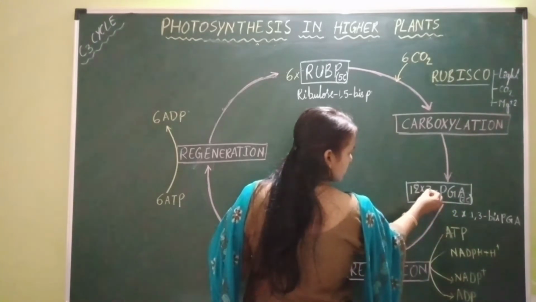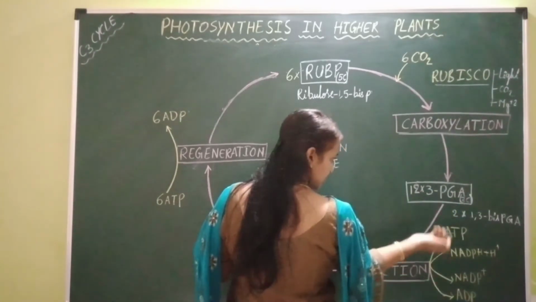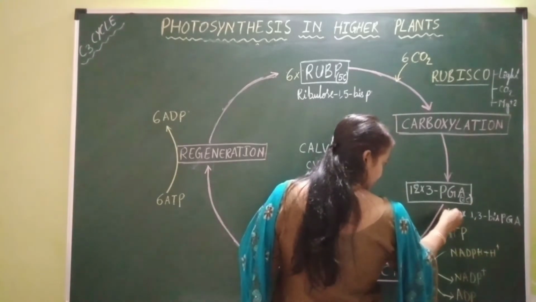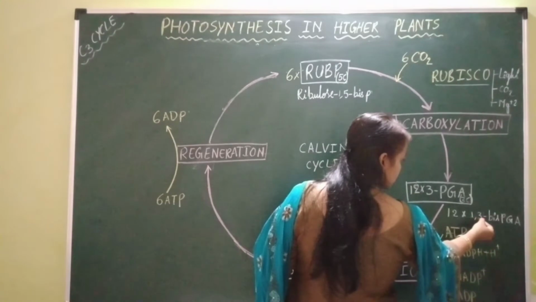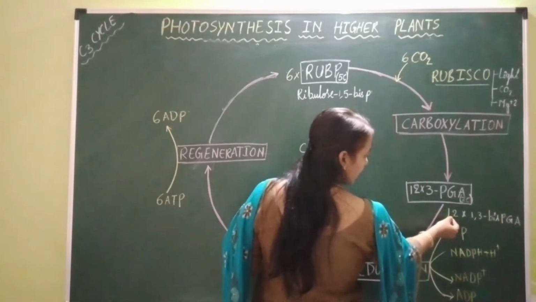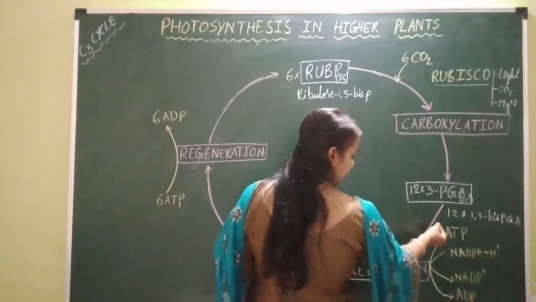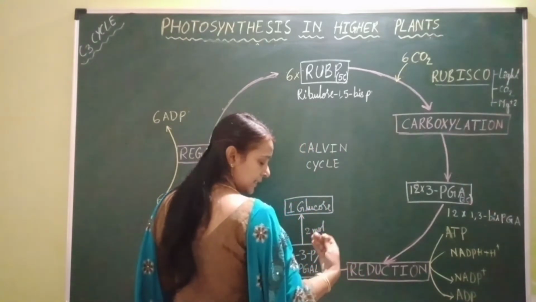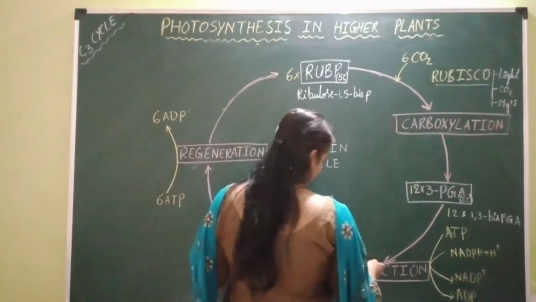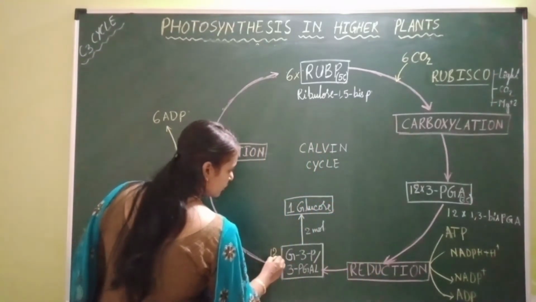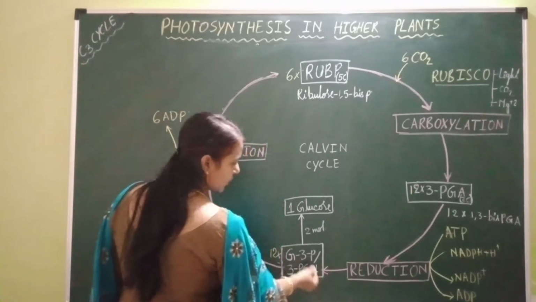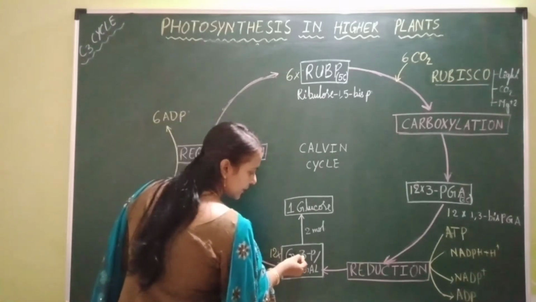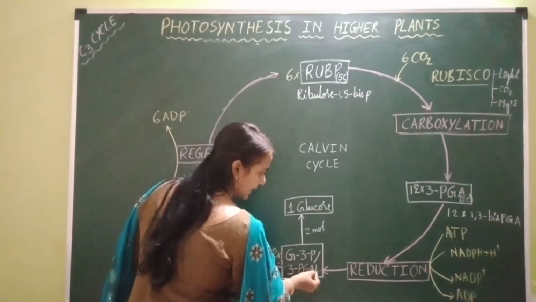Now these 12 molecules of 3-PGA undergo the first step of reduction, resulting in the formation of 12 molecules of 1,3-bis-PGA. Now 12 molecules of 1,3-bis-PGA undergo the second step of reduction, that is reductive dephosphorylation, to form 12 molecules of G3P, or 3-phosphoglyceraldehyde, glyceraldehyde 3-phosphate.